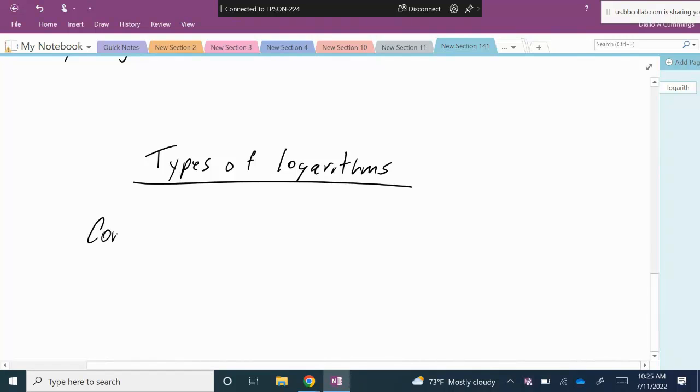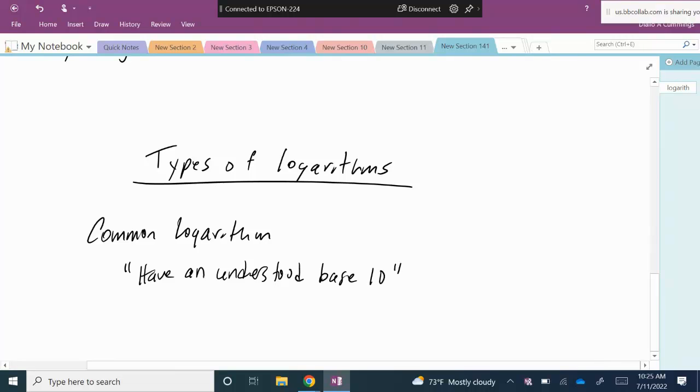One is called a common logarithm, and common logarithms have an understood base 10. Okay, because on some of the logs you're going to see they're not going to have a base. If your log does not have a base, then it's assumed to have a base 10, right?